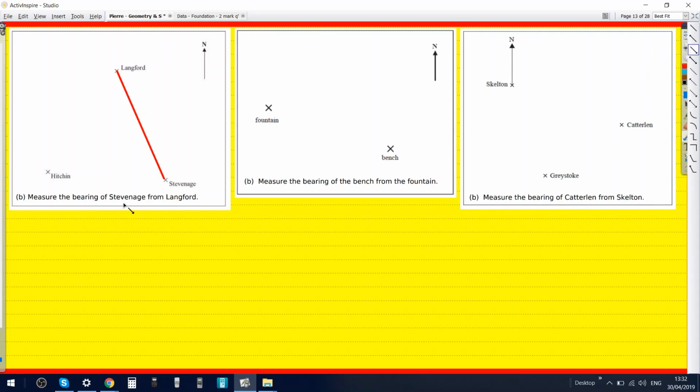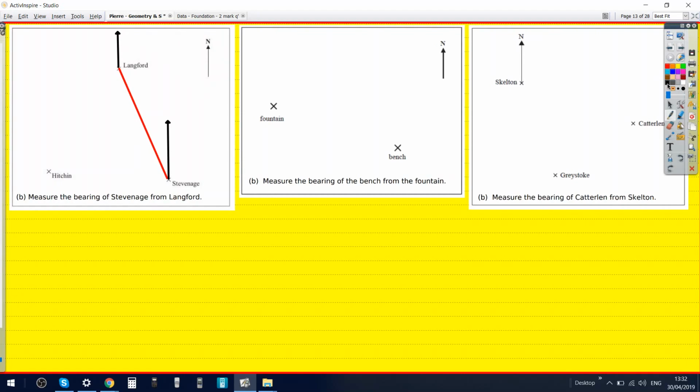Well, so you point north. Turn clockwise and stop when you hit the line. So let's say that's north and that's north. But which angle of them do we need? It is not from Stevenage. It is of Stevenage from Langford.